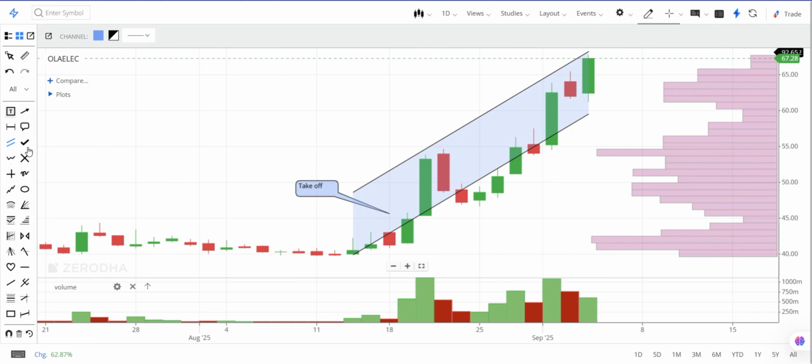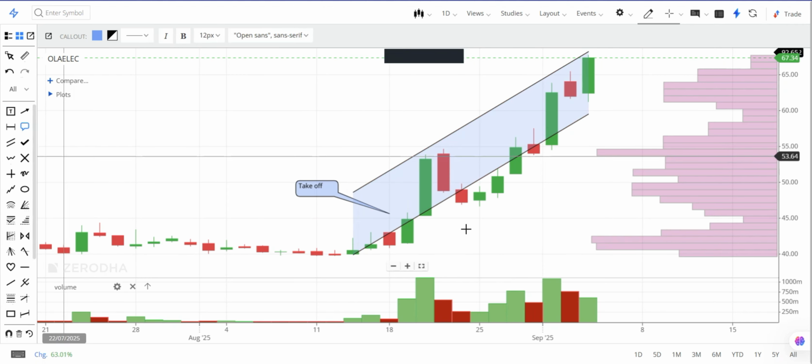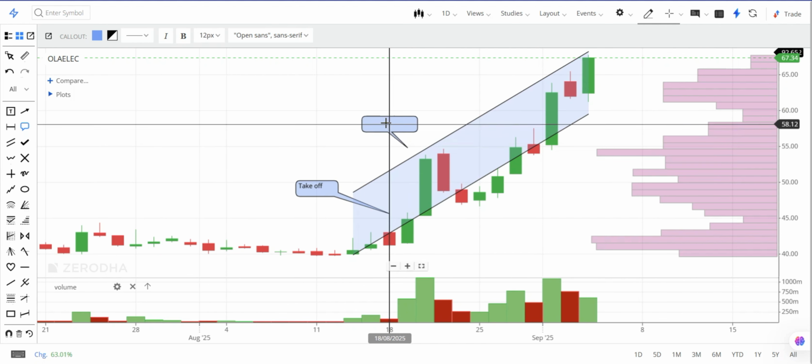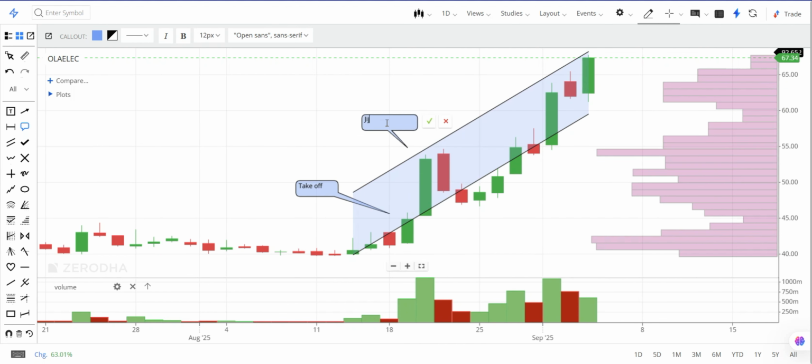But there are higher highs now. So these are higher highs that have taken up, right? So it's a trending market. You can see clearly.